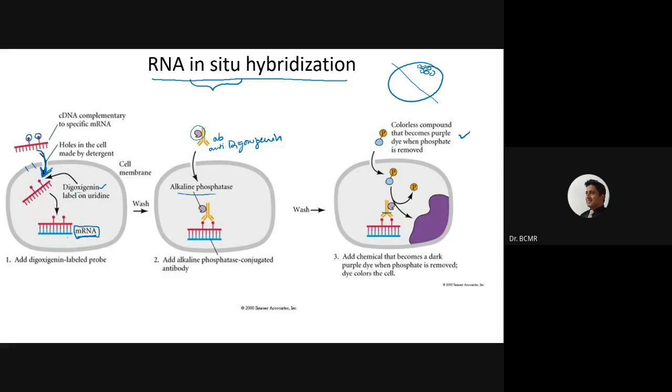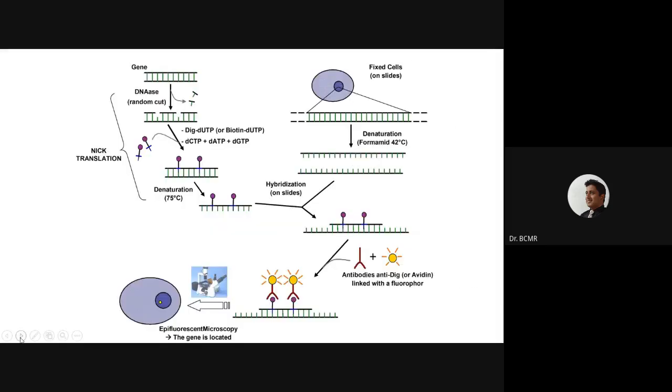Sorry for the interruption. So you can also see the same thing in the next slide, which is almost the same. But I'm using this so that you can think of this particular part. The antibody can be anti-digoxigenin. The tag that we have is digoxigenin, or you can also use avidin with a fluorophore.